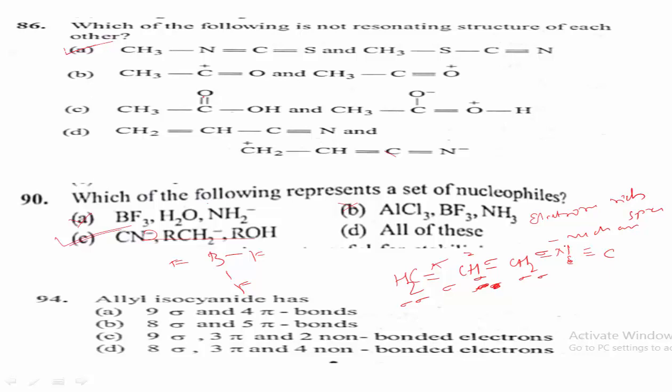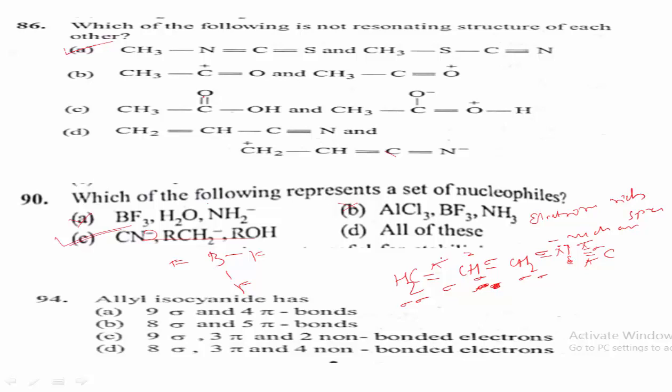And on the nitrogen there is a pair of electrons. Next, a triple bond means it contains 2 pi and 1 sigma. Is it right? Yes. Count the number of sigma bonds. Totally 1, 2, 3, 4, 5, 6, 7, 8, 9.